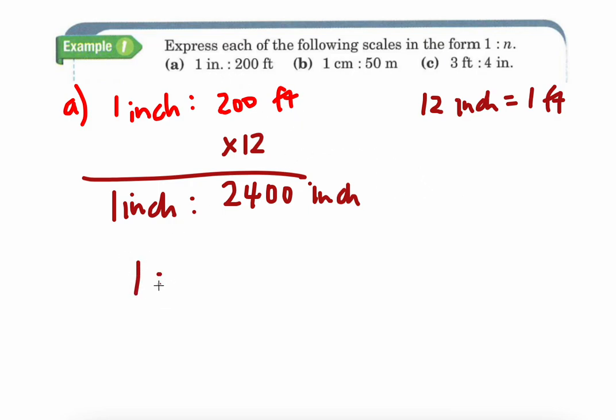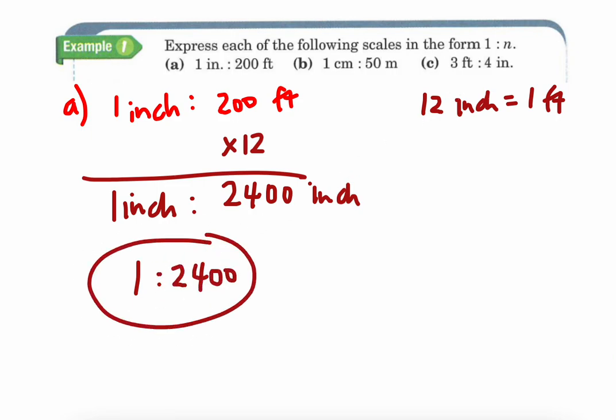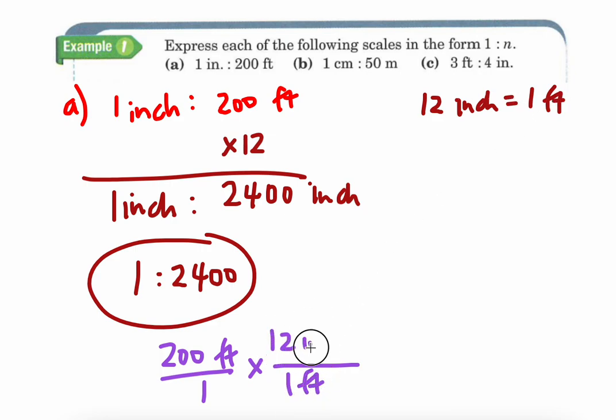So then this answer will be 1 to 2,400. The other method I could use is I can remember from converting units that if I wanted to convert 200 feet into inches, I can take the fact that 1 foot is equal to 12 inches and set it up this way so that I cancel out my feet together.